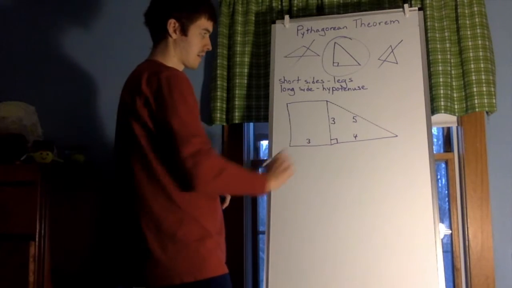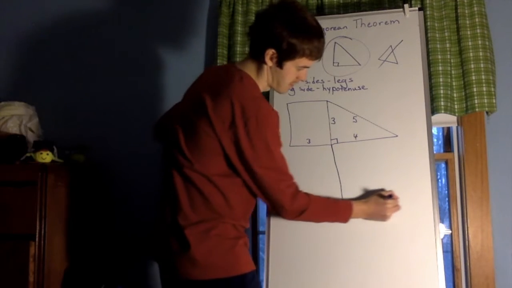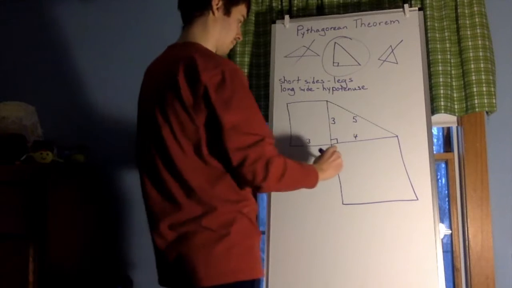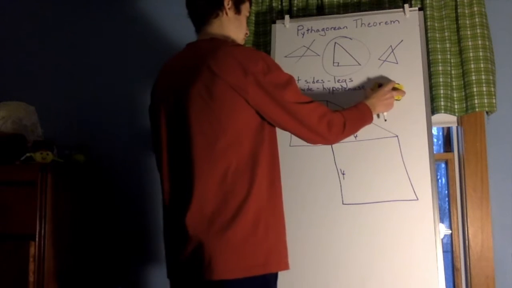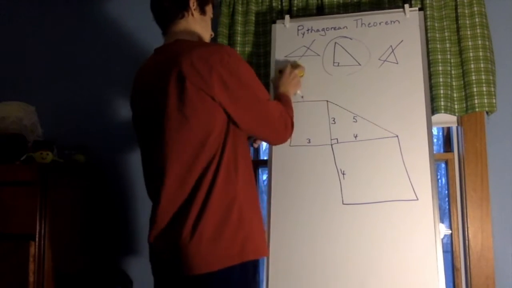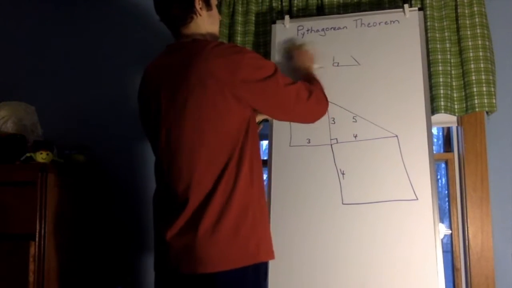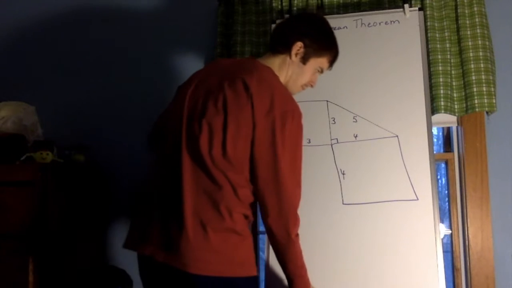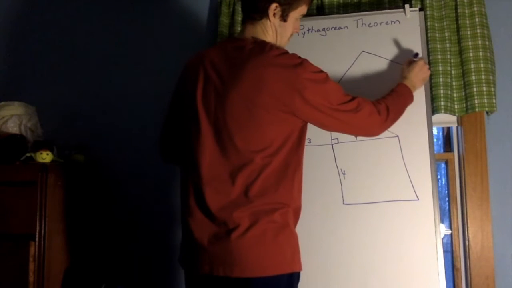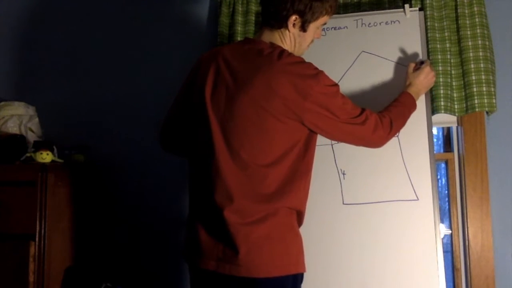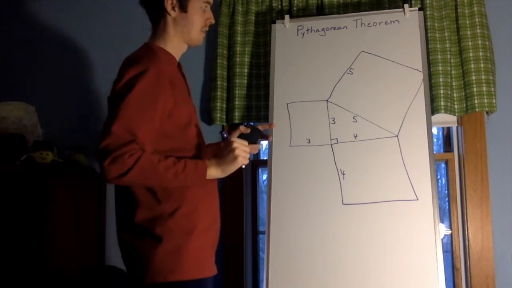Then down here, I'm going to make a 4 by 4 square, just like that. And I'm going to have to give myself a little extra room here. Went off a little bit, that's all right. So this is going to be a 5 by 5 square.